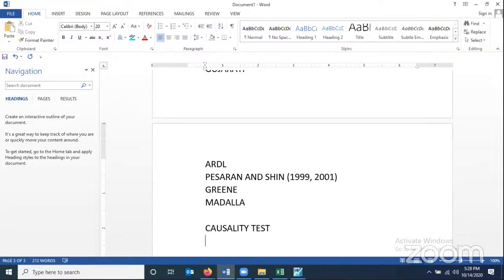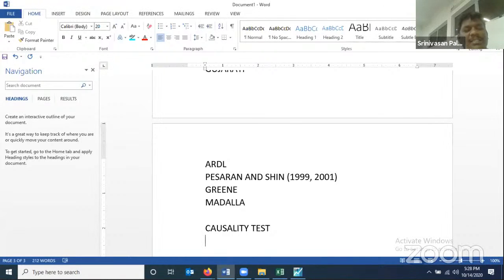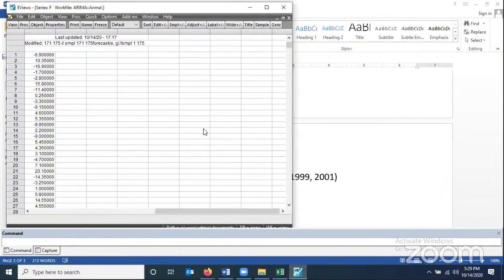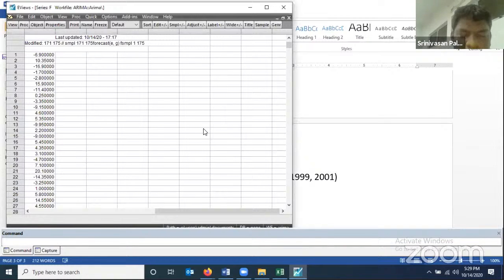Excuse me, sir. Yes, tell me. Sir, as you said, the ARIMA model has an autocorrelation problem, right? Yes. Sir, what is the consequence of that in the ARIMA model? Okay, anyhow, you reminded me of that. See, the ARIMA model is used to forecast the series, nothing else.